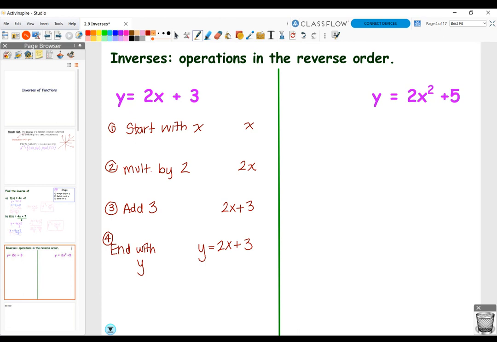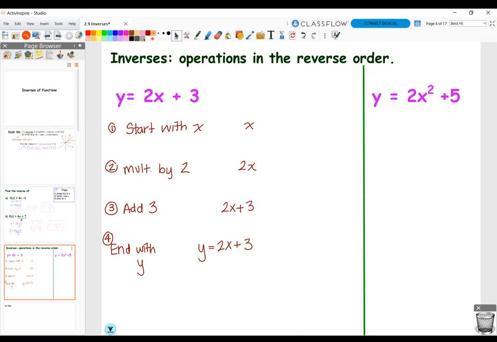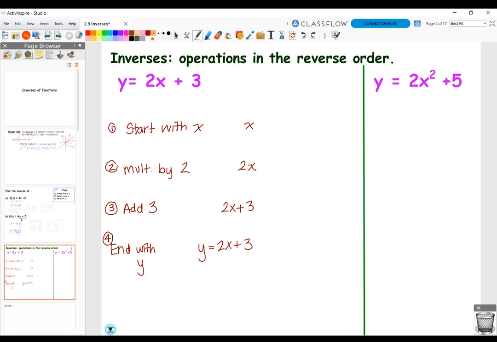So here would be my steps if I was trying to write an equation. Now, the inverse essentially tells me to do the opposite. What that means is I'm going to work backwards, right? So instead of ending with y, what's the opposite of that? It's starting with x.